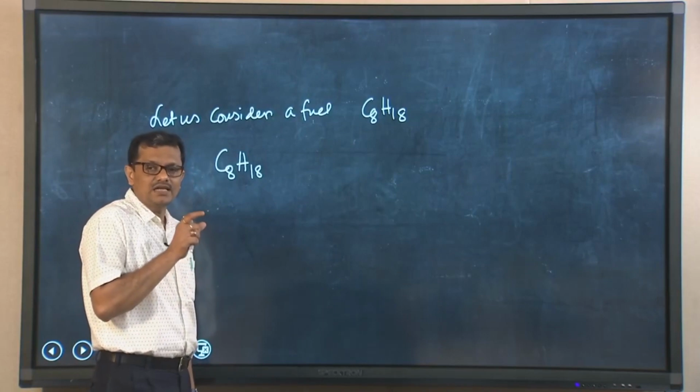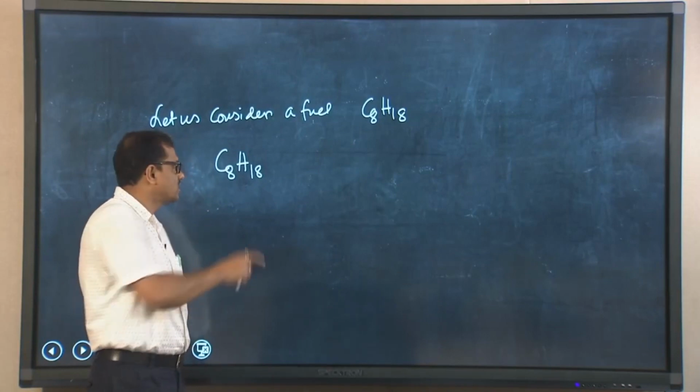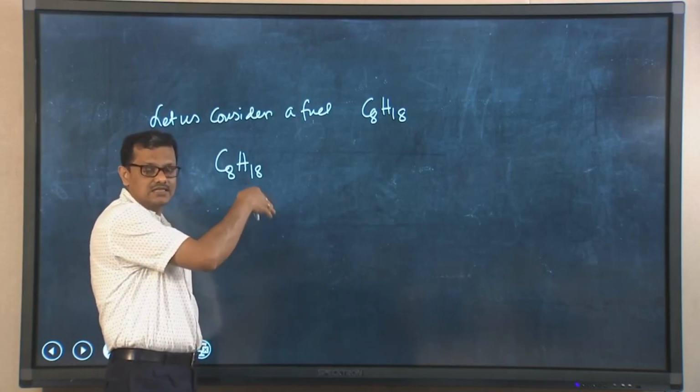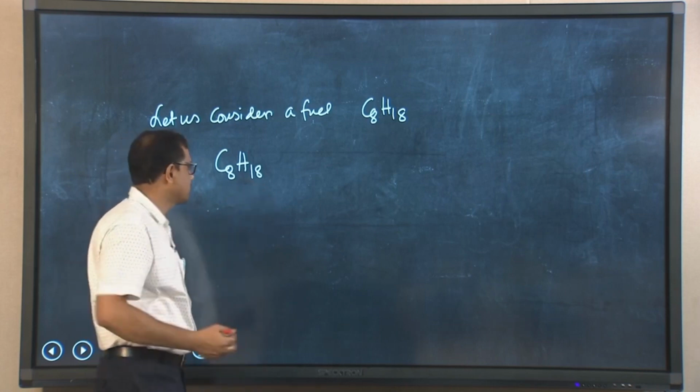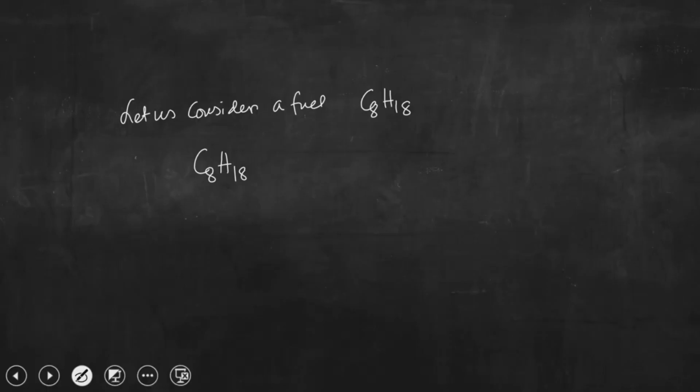So, what would be the chemically correct air fuel ratio for this particular fuel for efficient combustion? We need to write the combustion reaction. So, this fuel plus O2 and we will be getting CO2 plus water vapor. So, this is the combustion reaction.